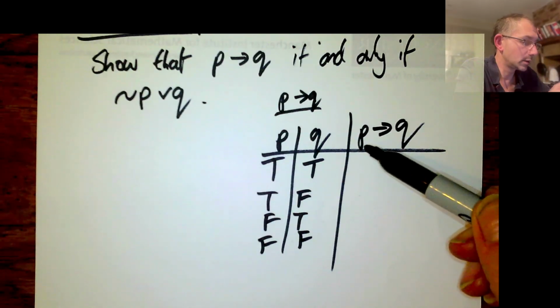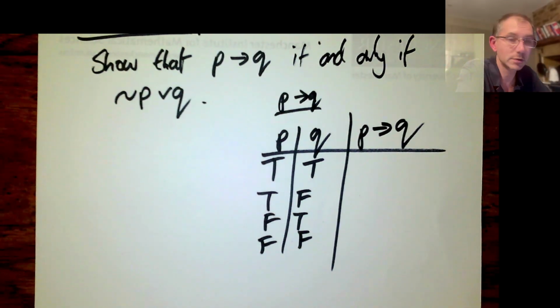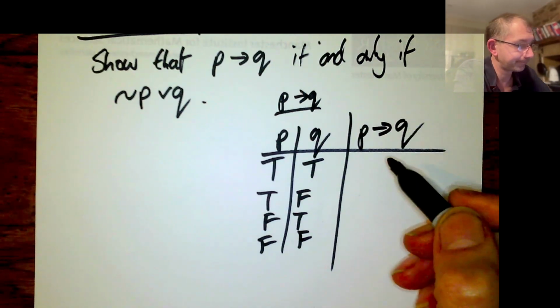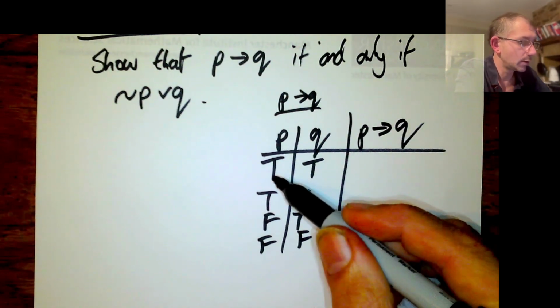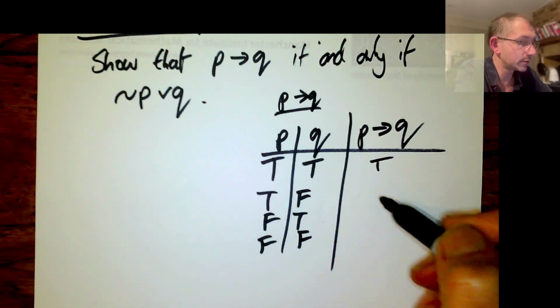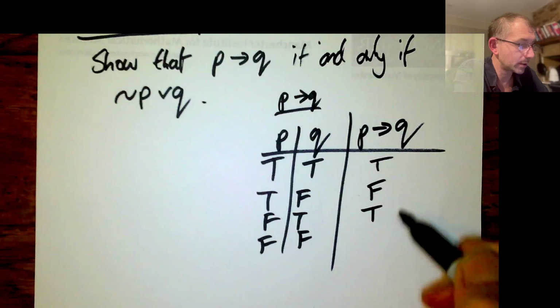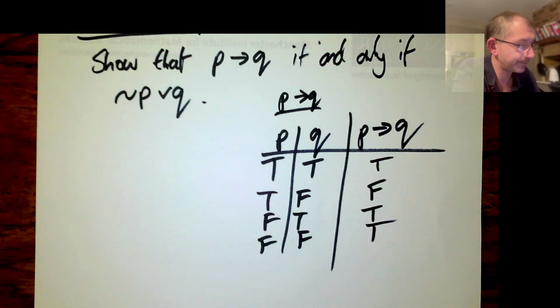So if I promise you that P is true, then I have to promise you that Q is true or I'm lying. Okay, so true, true, there's nothing wrong there. True, false, that's the problem. False, true, false implies everything, remember, so that is that.